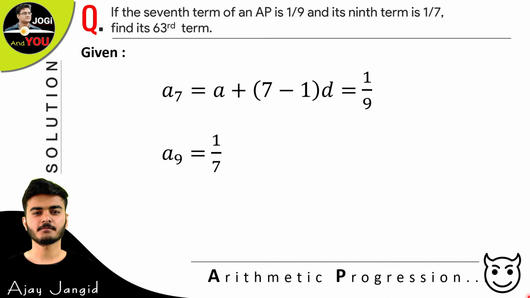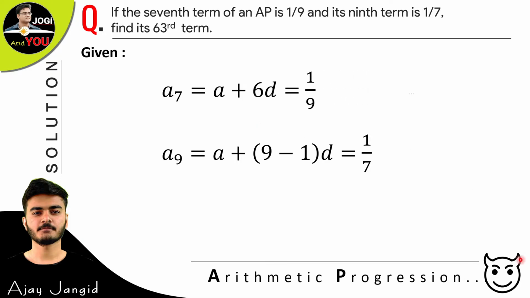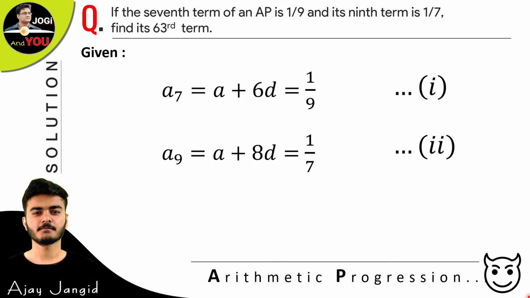And for the 9th term the formula is the same: a plus (9 minus 1) d. Now, in the first equation we have 7 minus 1, so after calculating we have 6d. This is our equation number 1. Do the same for the second equation: 9 minus 1 will be 8d. This is equation number 2.